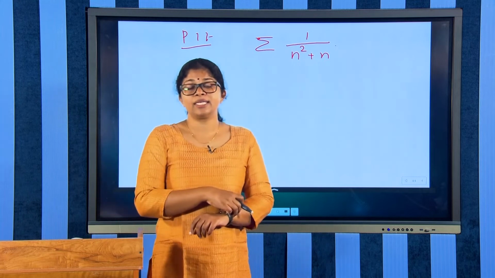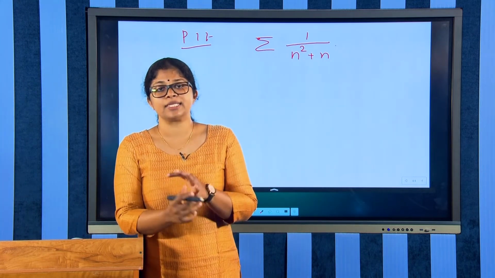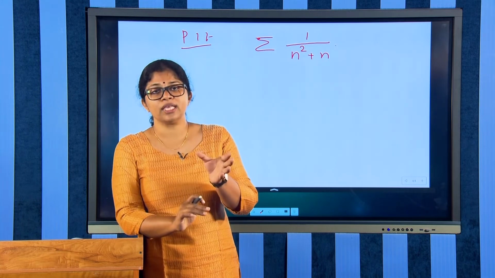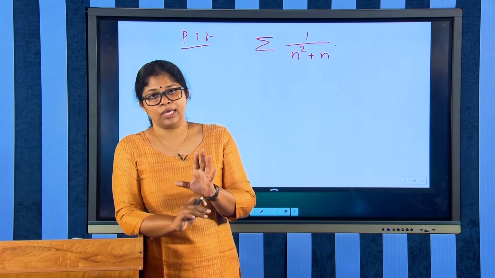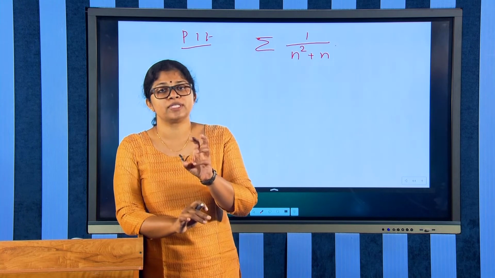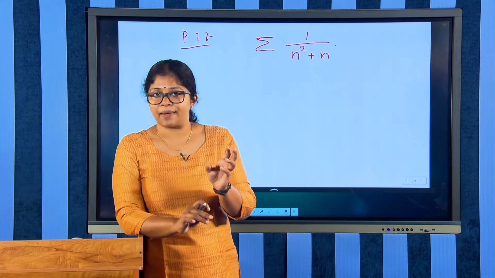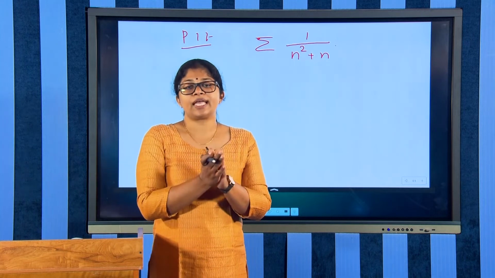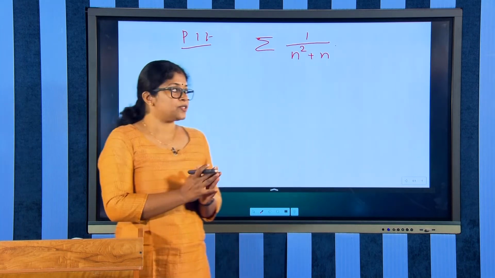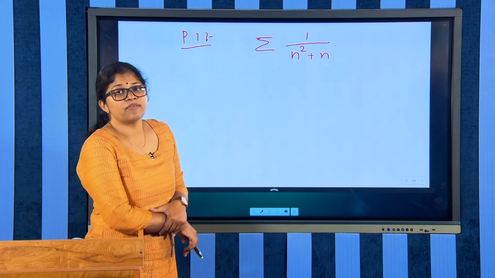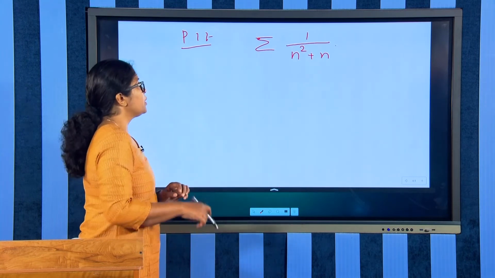Remember that the direct comparison test as well as the limit comparison test only say whether the given series converges or not. They will not give you the sum of the series. We have to apply some other techniques to get the sum, but we can very well say whether it converges or diverges.